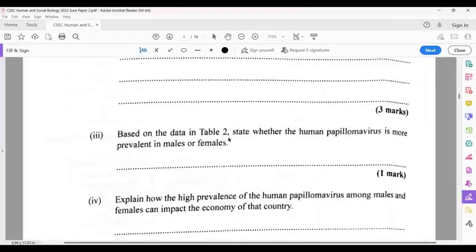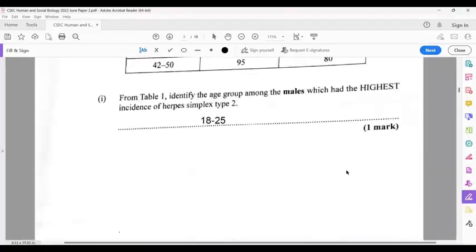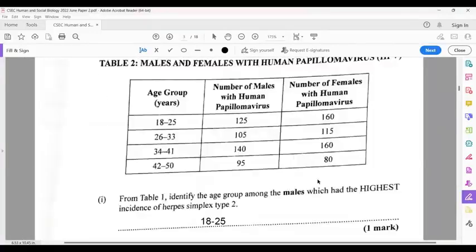Based on data in table 2, state whether HPV is more prevalent in males or females. And all we have to do is make a simple addition. So when we add up the number of males, 125, 104, 140, and 95, we get about 465.